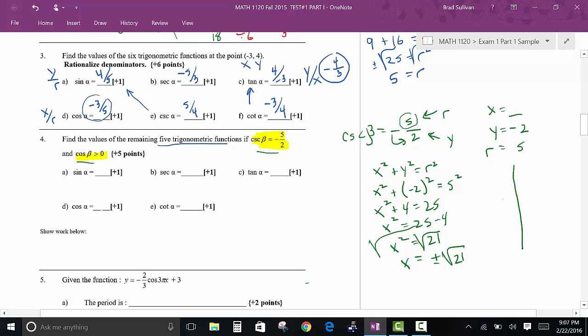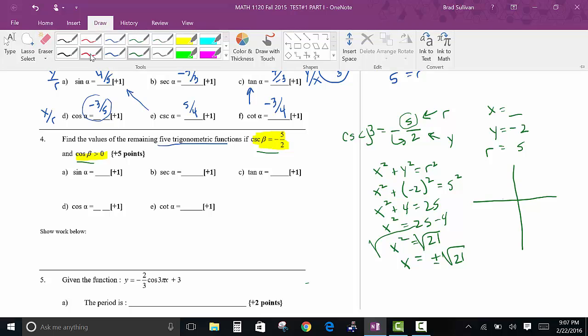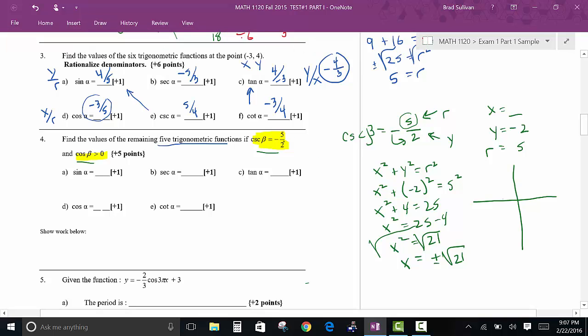So I usually recommend students do a chart kind of like this, okay? So what I'm going to do is I'm going to put check marks. Okay, the cosecant is negative 2 places. Quadrant 3, quadrant 4. That's because it's r over y. R is always positive, but if y is negative, so that means you're down below in quadrant 3 and 4. Okay, then I give you the cosine is positive.